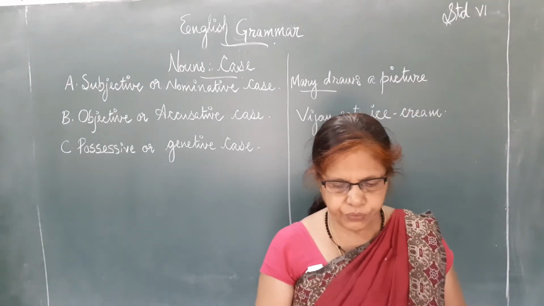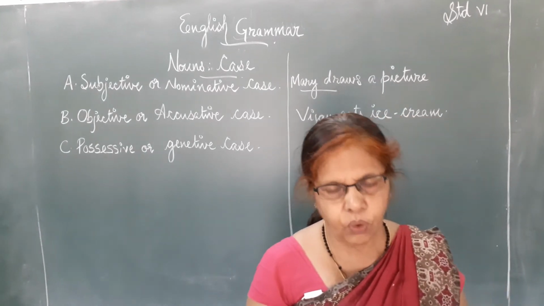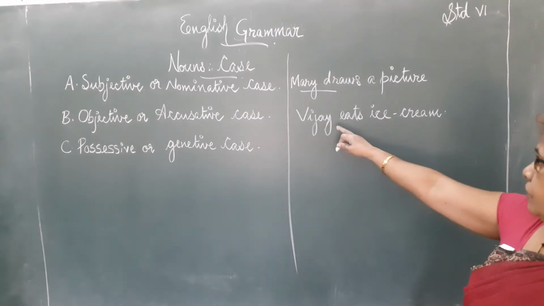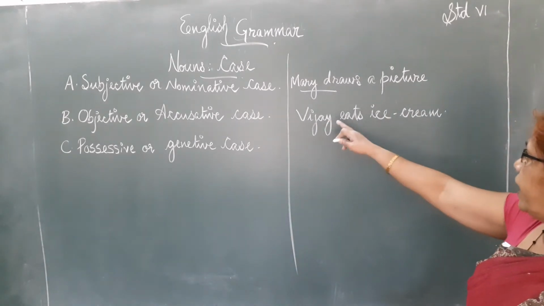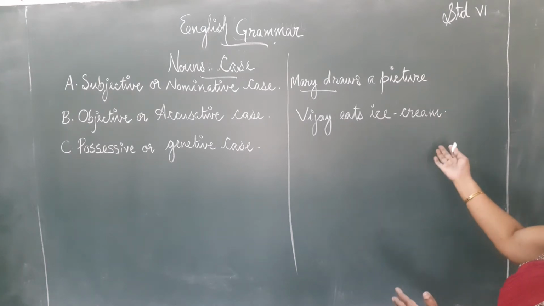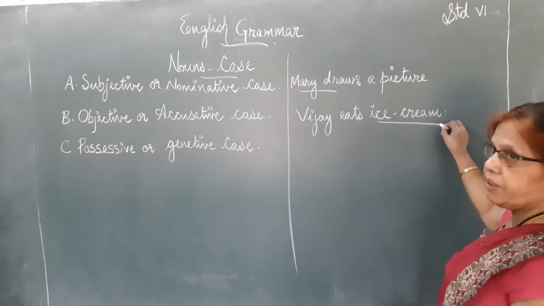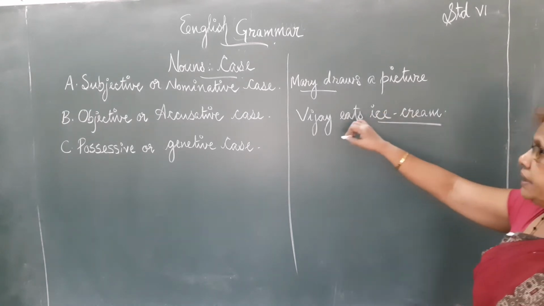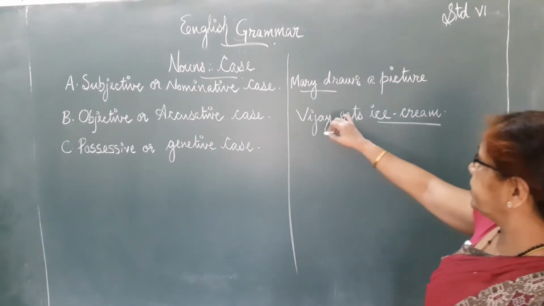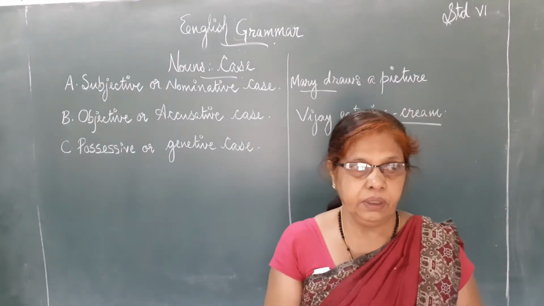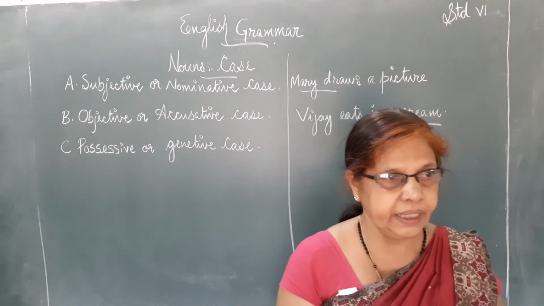Here we have to ask the question what or whom. Vijay eats what? Vijay eats ice cream. So, ice cream is the object. This is known as objective or accusative case.